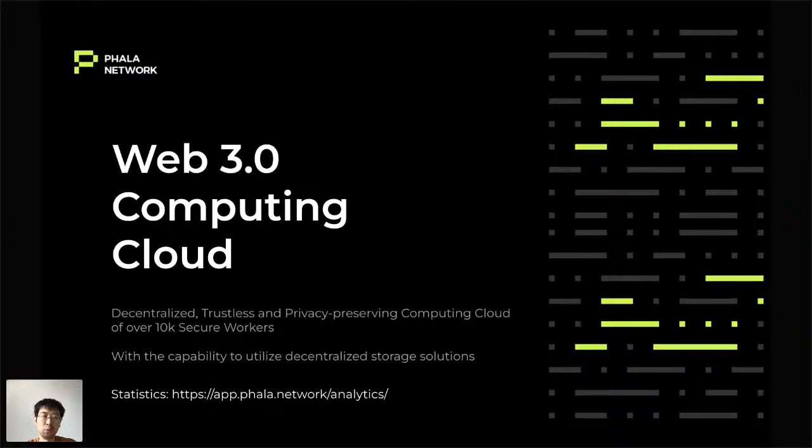To facilitate a fully functional DApp, usually you need to store the data, right? So we designed Phala Network with the capability to utilize decentralized storage solutions. With this service combined, you can develop a fully functional DApp which is able to serve millions of users.